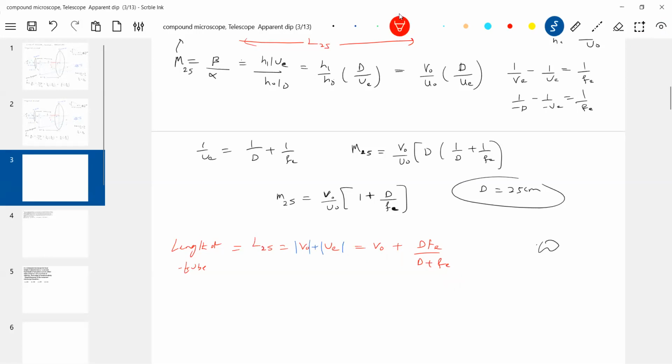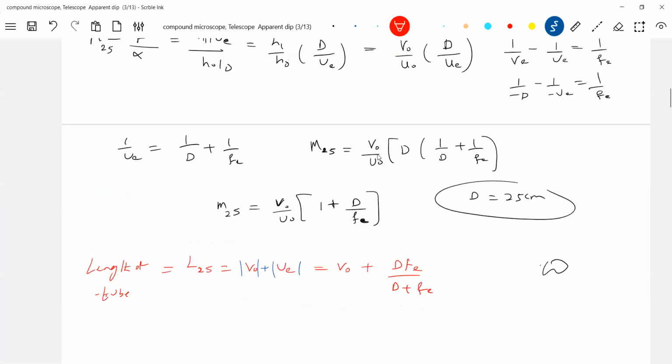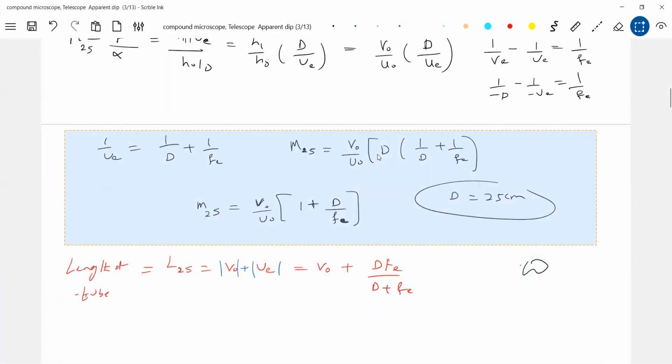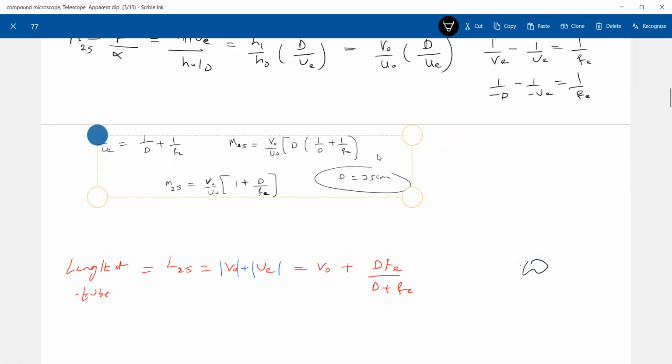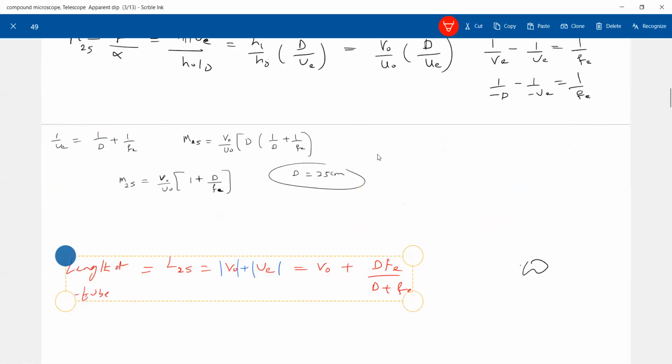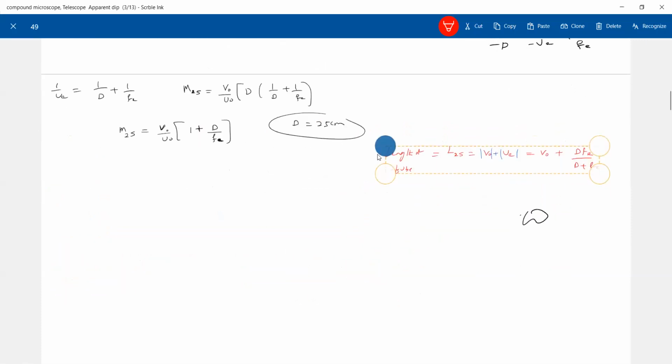What is actually happening here? Okay, sir, fine, you are given all the equations. What is actually going on? So let's keep some specimen. For a microscope we'll call it a specimen.